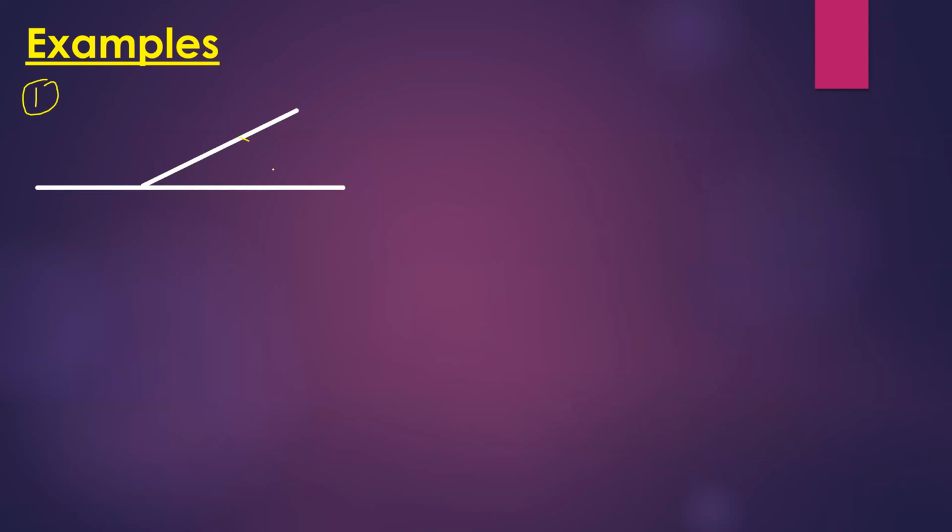Let's say that this angle is 45 degrees. And let's say that this one is angle A. Chai, tell me how are we going to find angle A? By subtracting 45 from 180. Okay, so it's going to be 180 degrees minus 45.